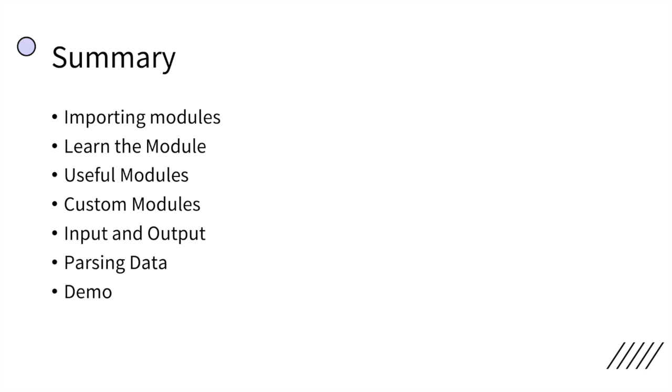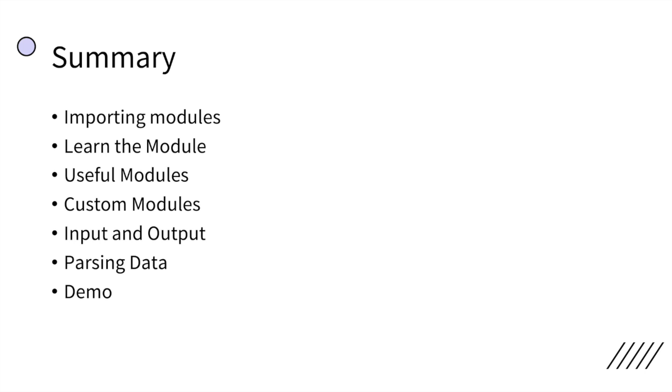All right, in summary, we've gone over importing modules, how to learn the different modules, some different useful modules that are available in Python, such as OS and date and time. We've learned how to go over the module itself using the dir function, built-in help, so that we can learn more about them and what it is that they have to offer.